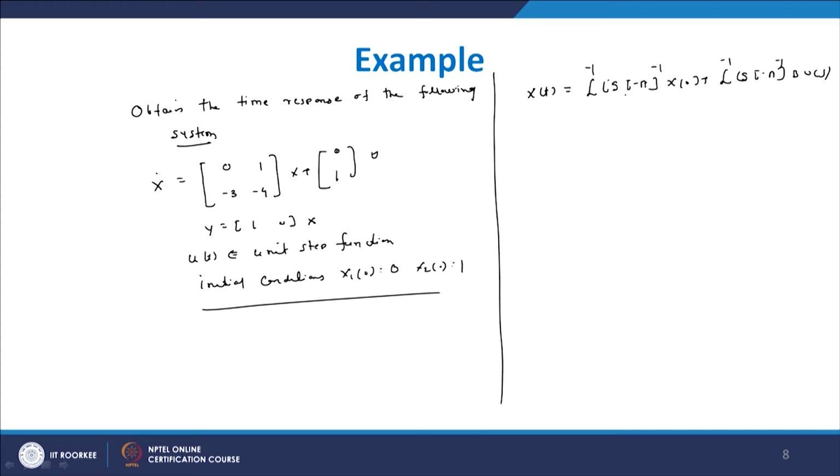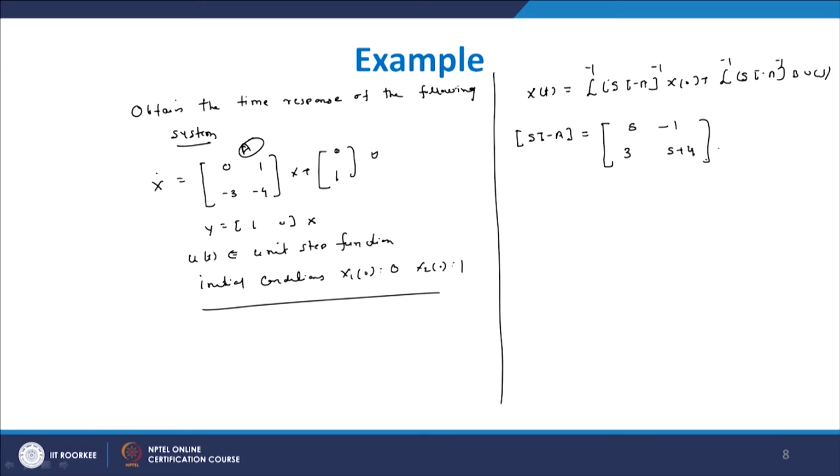So, A is this one, A matrix is [0, 1; -3, -4]. First of all, write down sI minus A, which equals [s, -1; 3, s+4].